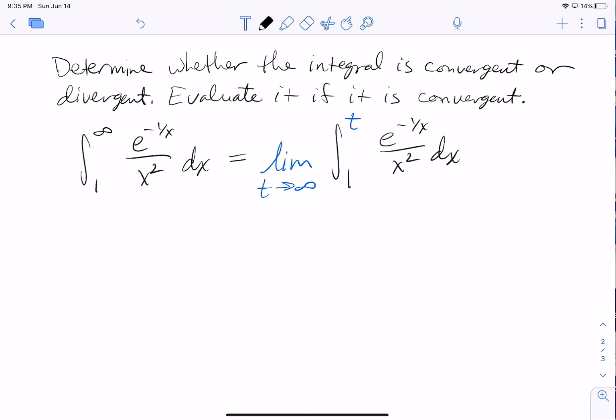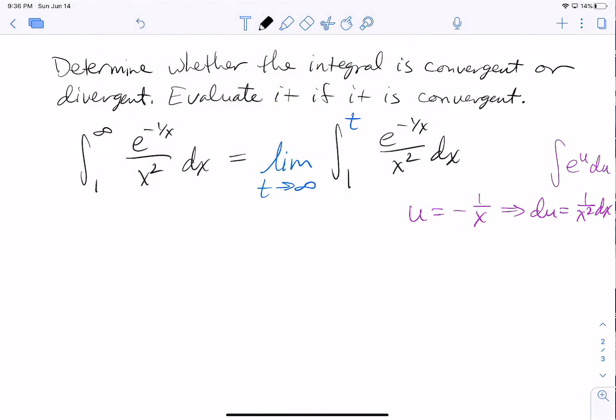Now, if we look at the integrand, e to the negative 1 over x divided by x squared, I'm thinking substitution. If we let u equal negative 1 over x, then du is 1 over x squared dx. We are basically looking at the integral of e to the u du.